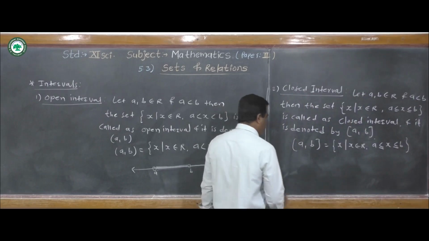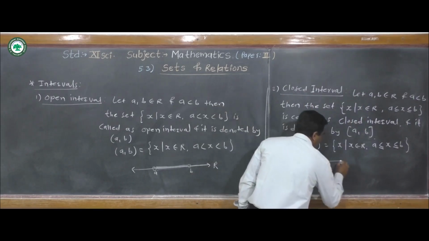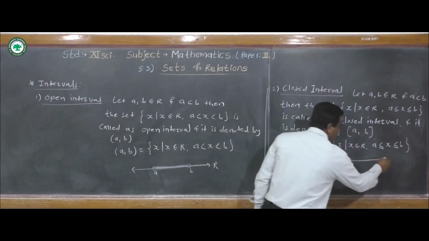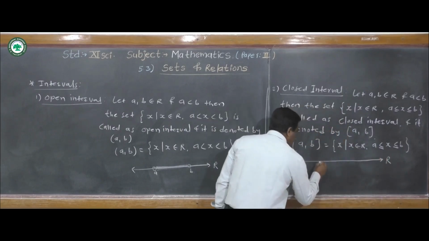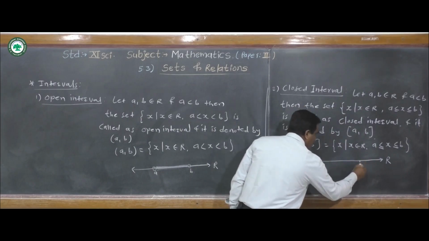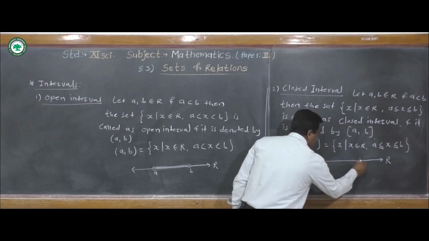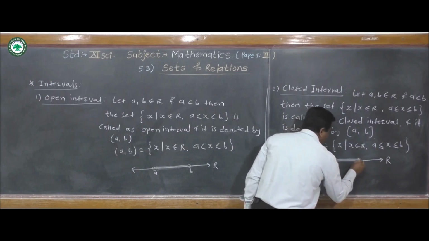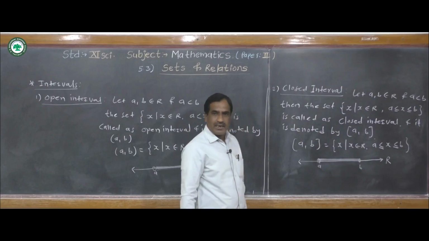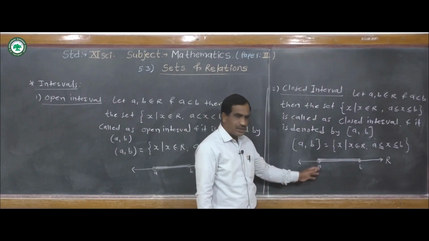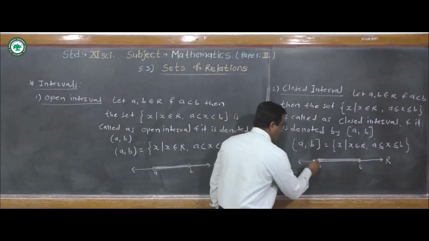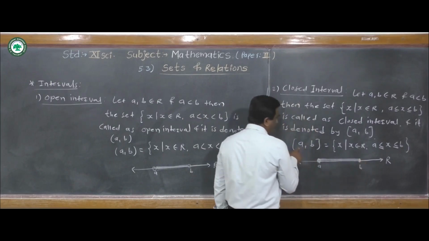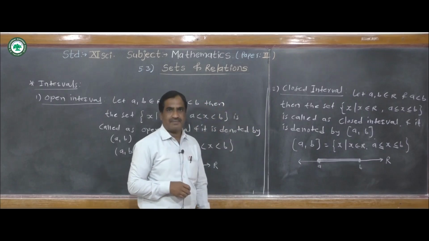Graphically this is represented on the number line R. We take a, b. The values of x lie in this interval a to b, and x equal to a and x equal to b are also included in the closed interval [a, b].